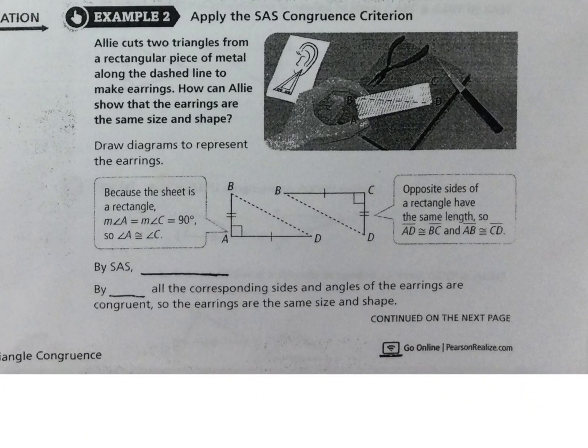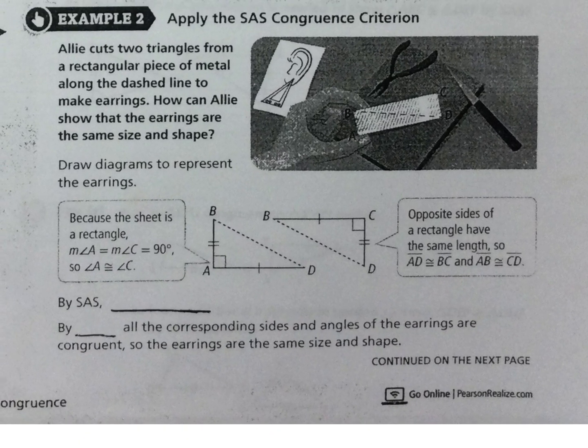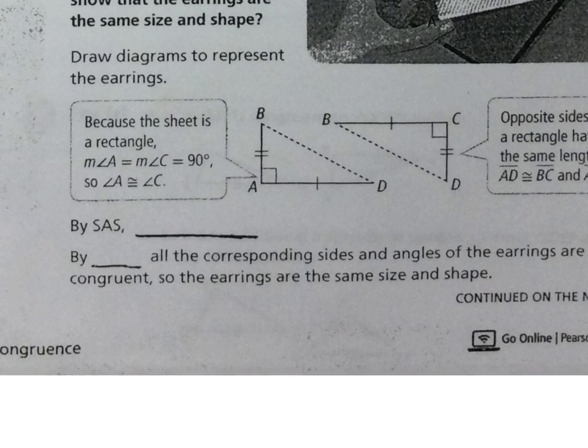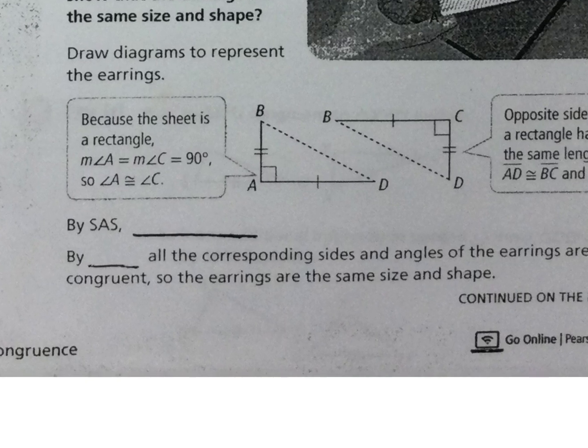All right, so if we look here at these 2 triangles, I know by side, side, angle, side. Triangle ABD is congruent to triangle CDB.